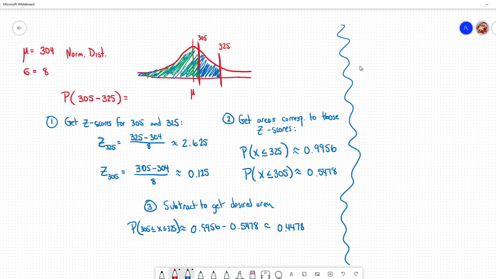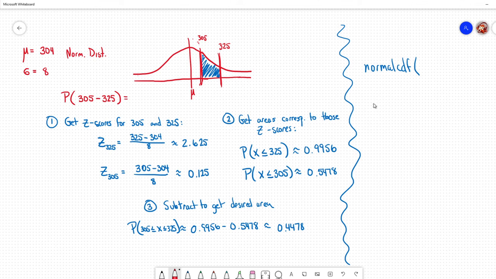So I'm going to go into my calculator, under the distribution menu, and start writing down the syntax. Remember, it's that normal CDF, and I'm going to write down my arguments. Let me erase this and make it very clear what we're doing. Here's the mean, here's that 305, there's that 325.